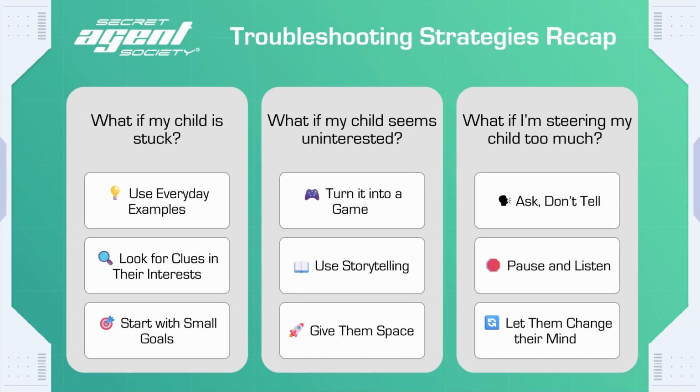If your child seems uninterested or doesn't want to talk about goals, remember, make it fun. You can turn it into a game. Use storytelling and give them space if they need it. And if you're thinking you're steering your child too much, to help them lead, remember to ask, don't tell, pause and listen, and let them change their mind.